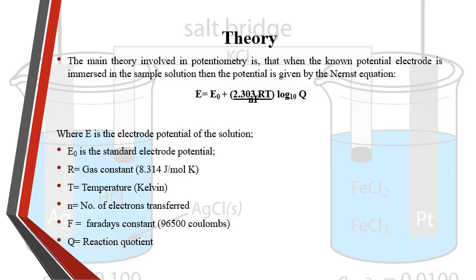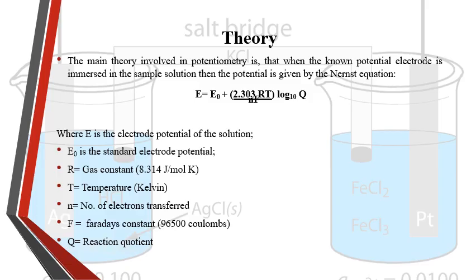For a general reaction, now understanding this Nernst equation in potentiometry, the Nernst equation shows that the potential measured by an electrode is not only dependent on the standard electrode potential, but also on temperature, the number of electrons involved in the reaction, and the concentration of the reactants and the products in the solution.